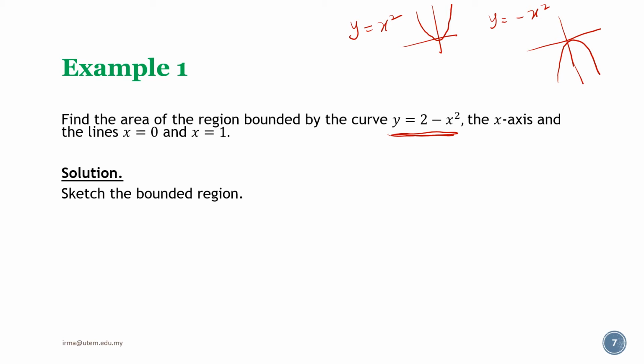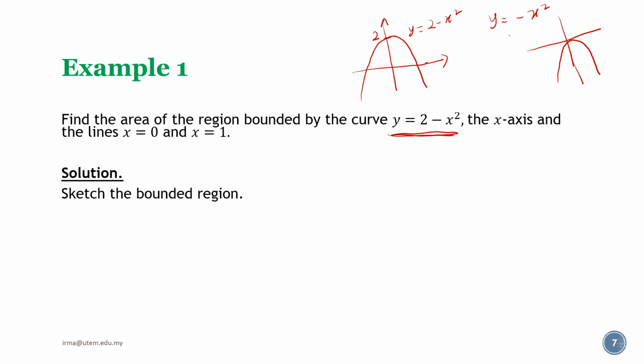Now you have y equal to 2 minus x squared, which means the vertex will be at y equal to 2. So this is the graph of y equal to 2 minus x squared.